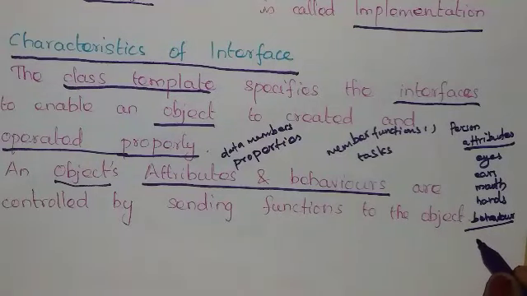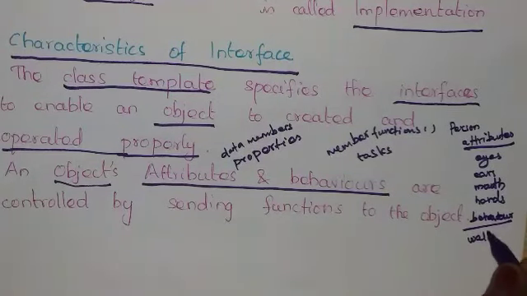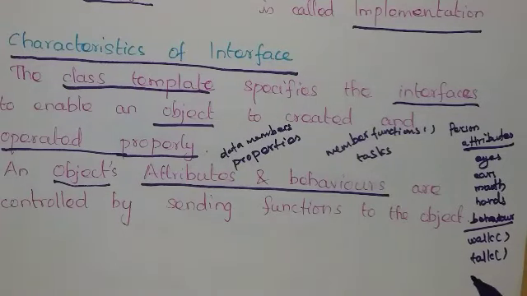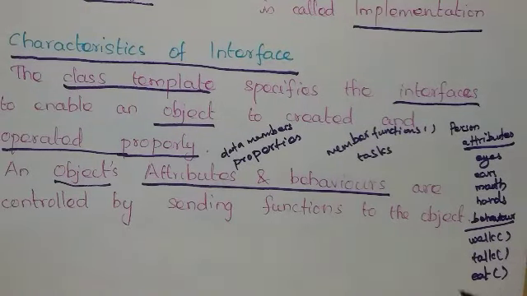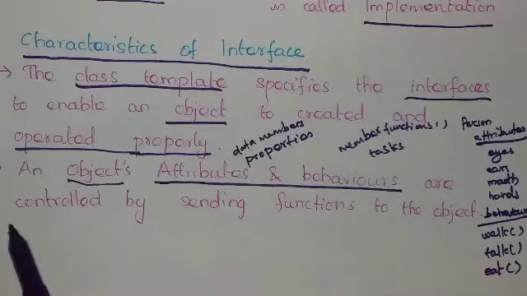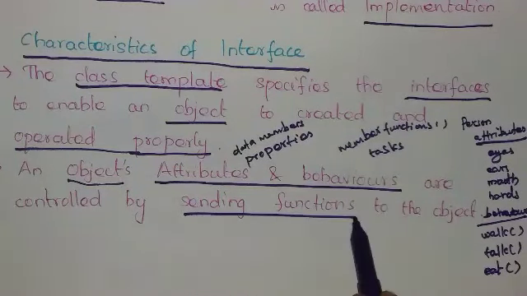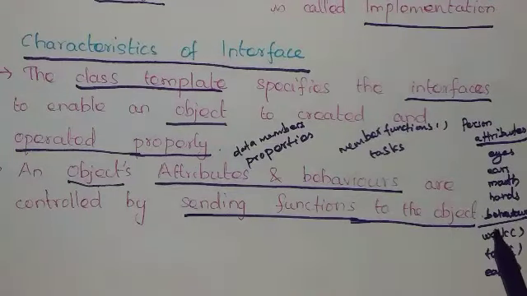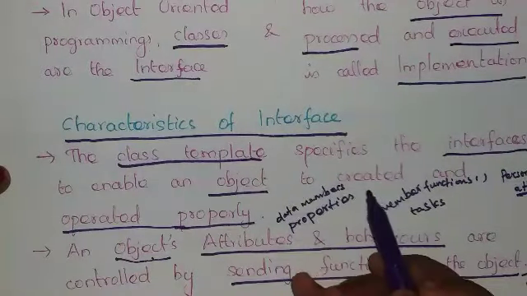Tasks means walking, talking, and so on. These are the tasks that will be performed by the person. So these are attributes and these are behaviors. So the object's attributes and behaviors are controlled by sending functions to the object. So these are the characteristics of interface.